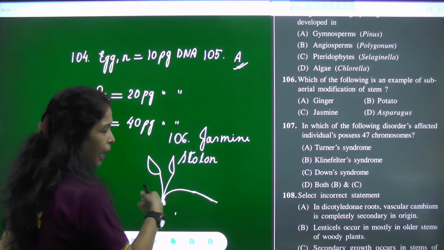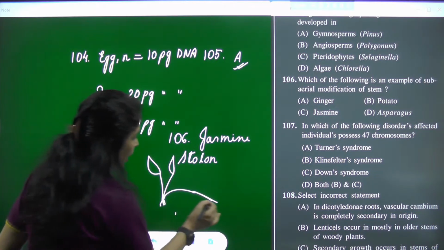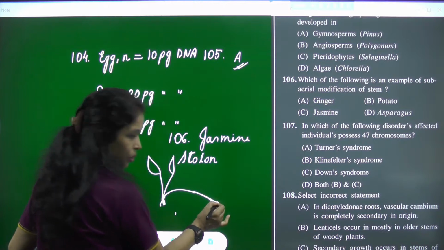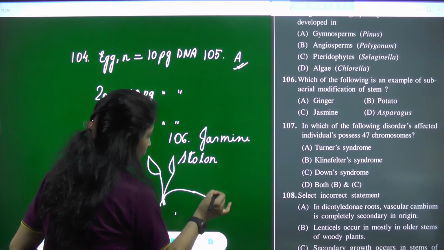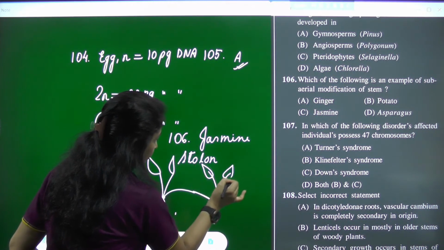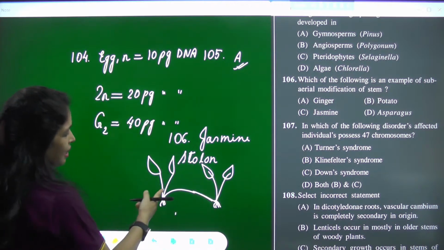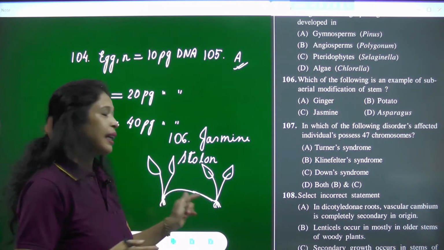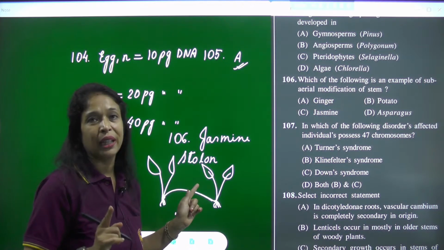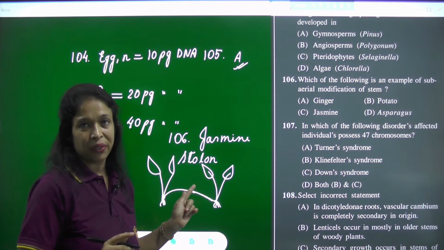Obliquely it will grow and then arc down, and on touching the soil it will develop adventitious roots, and this bud again sprouts to give a leafy shoot. So this is stolon showing unlimited growth. So jasmine is an example of stolon, a subaerial stem modification.